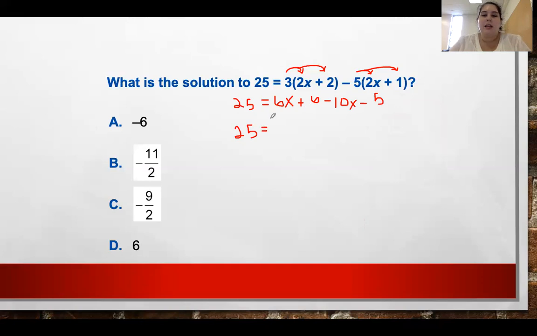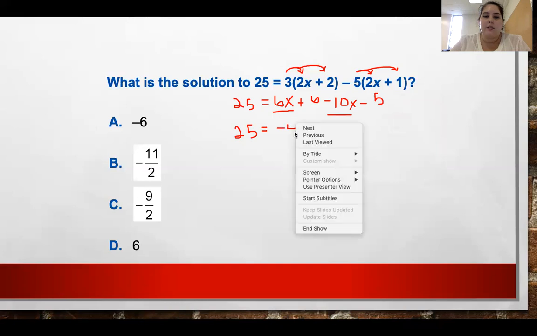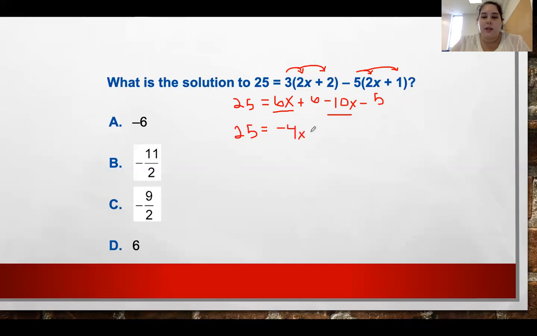All right, so we're going to combine like terms. So we're going to do 6x minus 10x to get negative 4x. And then we're going to do 6 minus 5 to get positive 1.